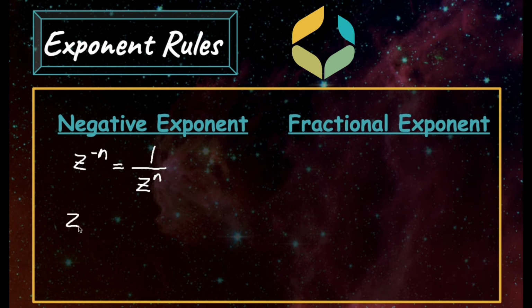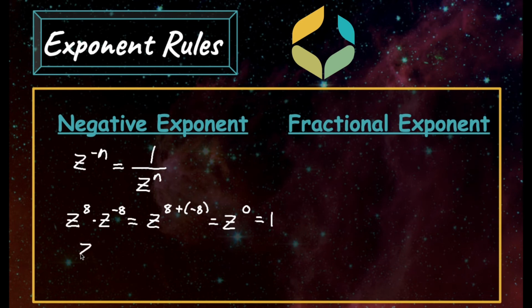Let's say we have z to the power of 8 times z to the power of negative 8. Based off the product rule, since we have two exponents with the same base multiplying, we can add the exponents. So this would be z to the power of 8 plus negative 8, which would be z to the power of 0, which we know is 1.